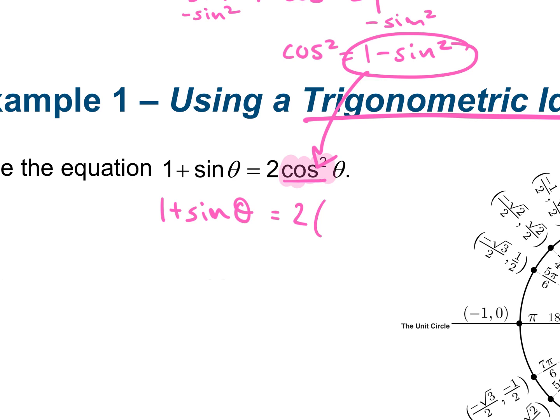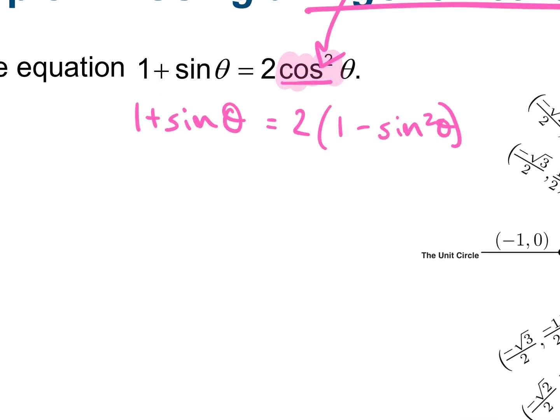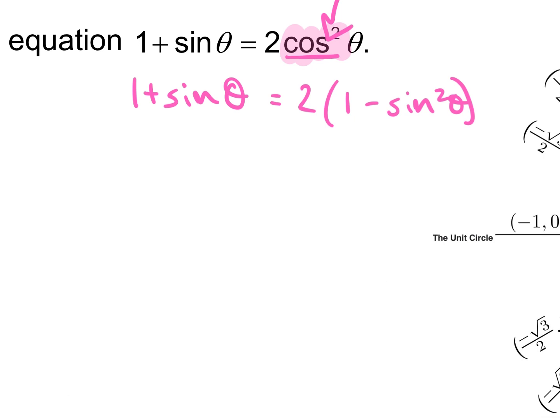Now I'm taking out the cosine squared and replacing it with 1 minus sine squared. So how would I simplify this? We're going to distribute. So we have 2 minus 2 sine squared is equal to 1 plus sine.